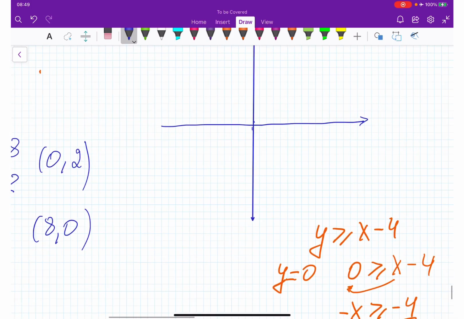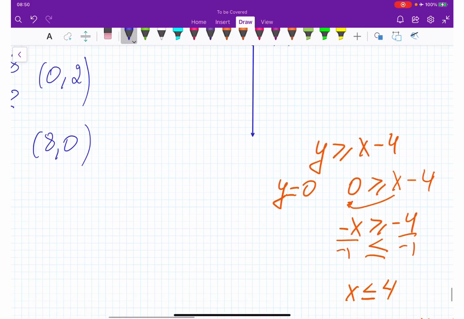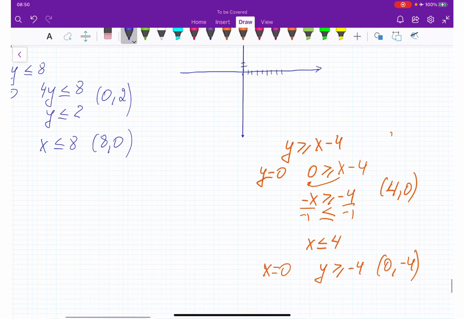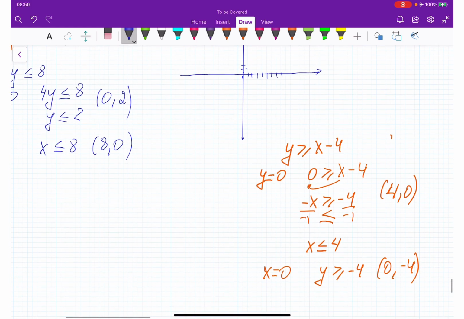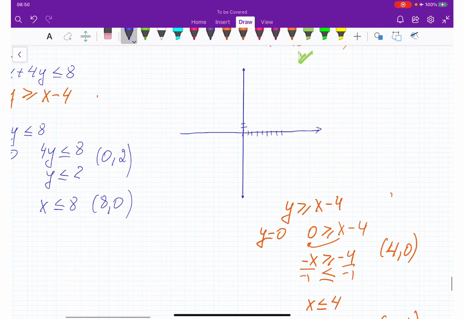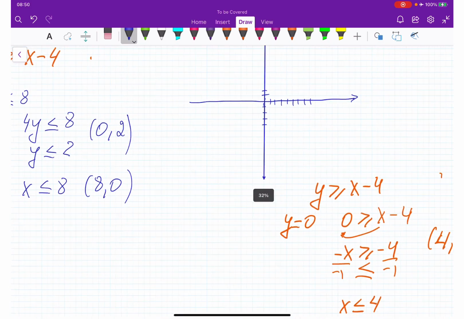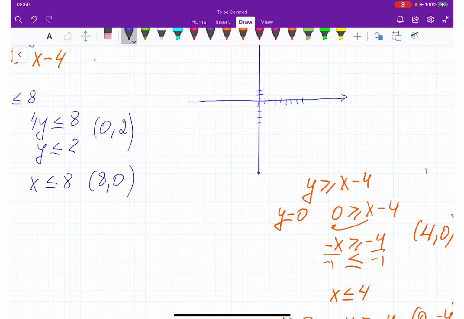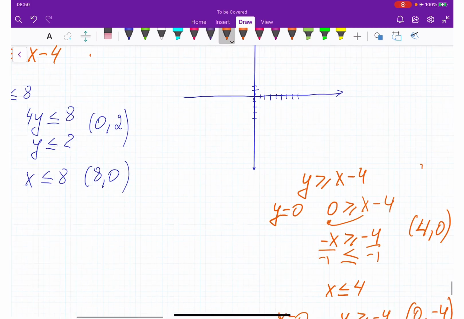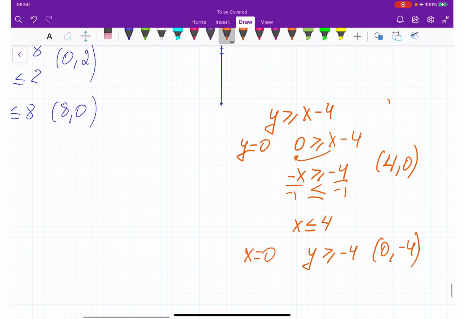Let's see. 1, 2, 3, 4, 5, 6, 7, 8. Okay, here I'm going 1, 2. What do I have here? 4. I have already 4, negative 4. I'm going down here. 1, 2, 3, 4. Okay, so first coordinate we have 4 and 0.